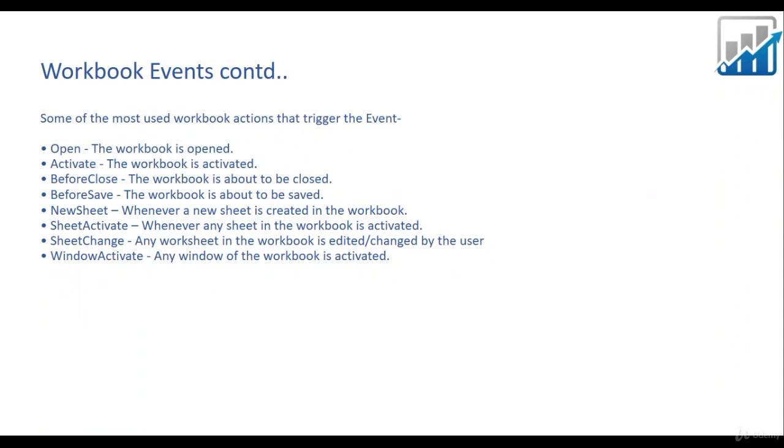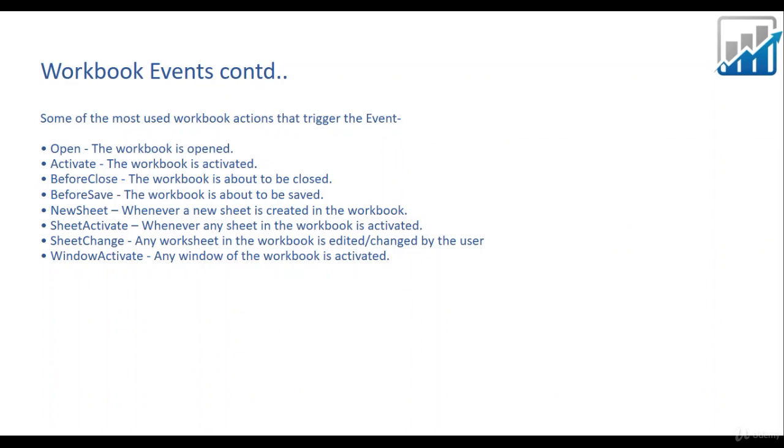Now, some of the most used workbook actions that trigger an event. Open: whenever you open the workbook. Activate: whenever the workbook is activated, so if you've got four different workbooks and you move to a specific workbook which has a VBA program to handle this event, then it will get executed. Before close: when you are about to close the Excel file. Before save: when you are about to save an Excel file.